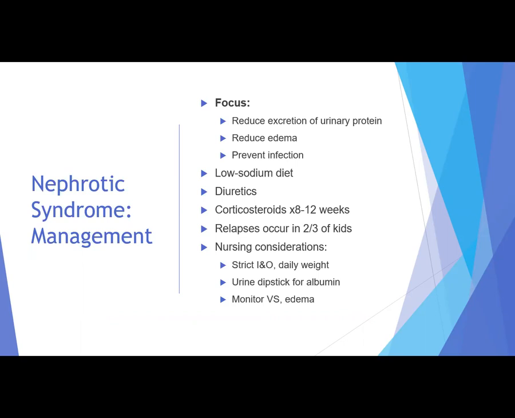Strict I&O is going to help us manage our input and output, make sure whatever we're putting into that body is what we're getting out. Daily weights will help see how effective those diuretics are. Urine dipstick to follow that albumin. We'll monitor our vital signs because that can be an indication that our electrolytes are getting unbalanced. And look for edema.